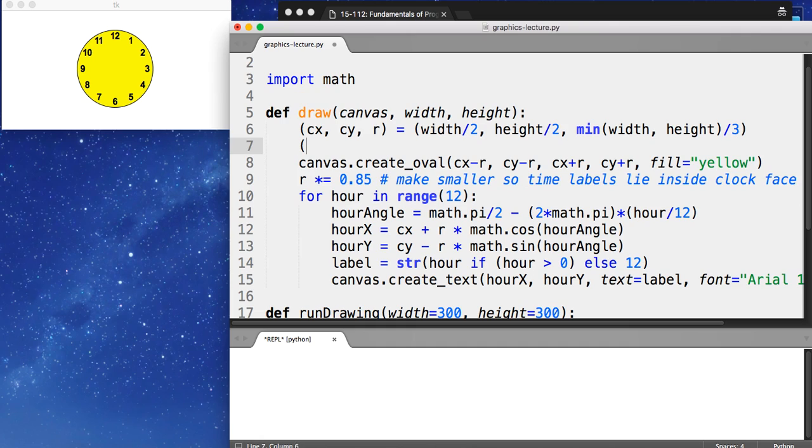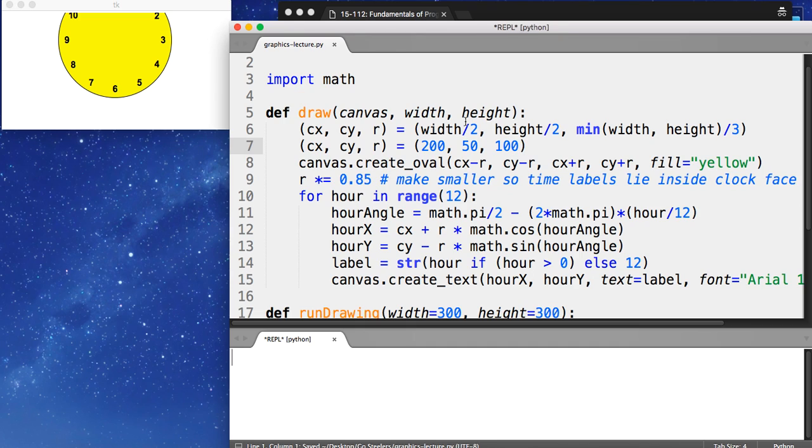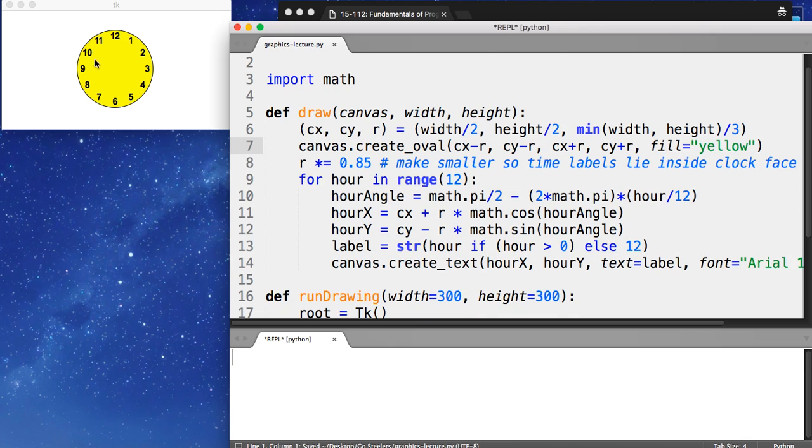Let's prove we can do that by doing cx, cy, r equals cx of 200, cy of 50, and r of 20. That's going to look awful, but there it is. If we did r of, say, 100, it would probably look better. In any case, we're specifying the center and the radius of this clock.